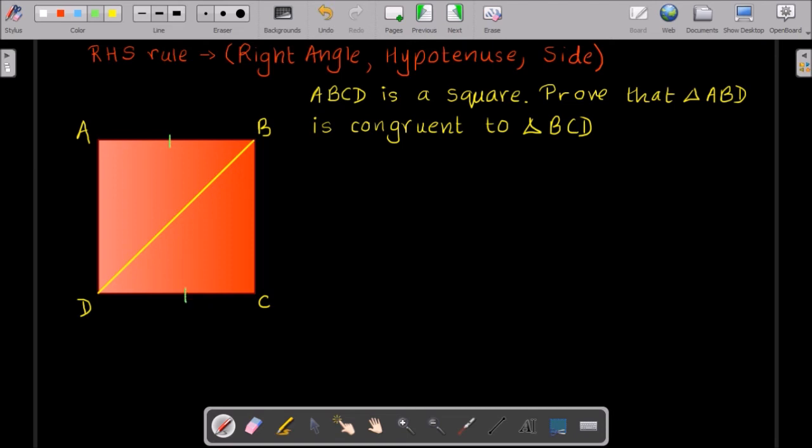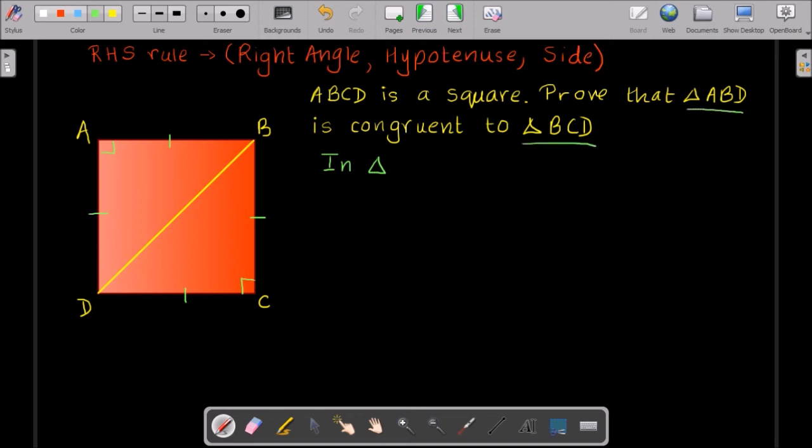So I'm going to start off, since ABCD is a square, just make some markings. All sides of a square are equal and all angles are 90 degrees, so that's 90, that's 90 as well. Now you can do this question in a different way as well, but I'm going to do it in this particular way in order to demonstrate the RHS rule.